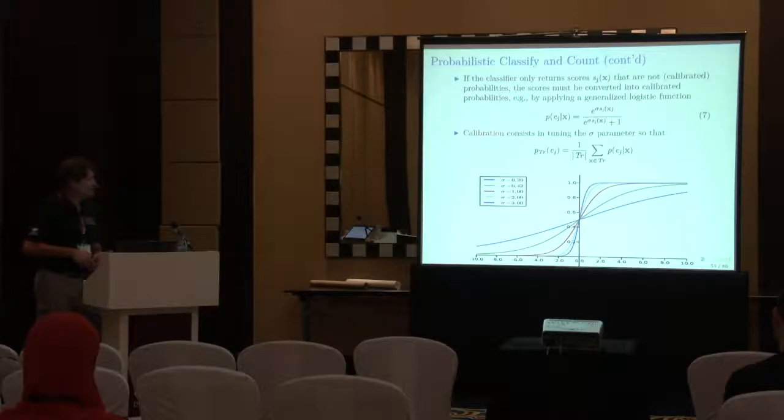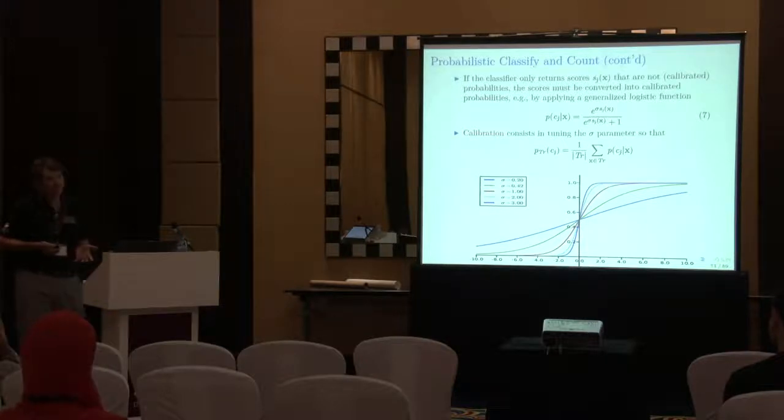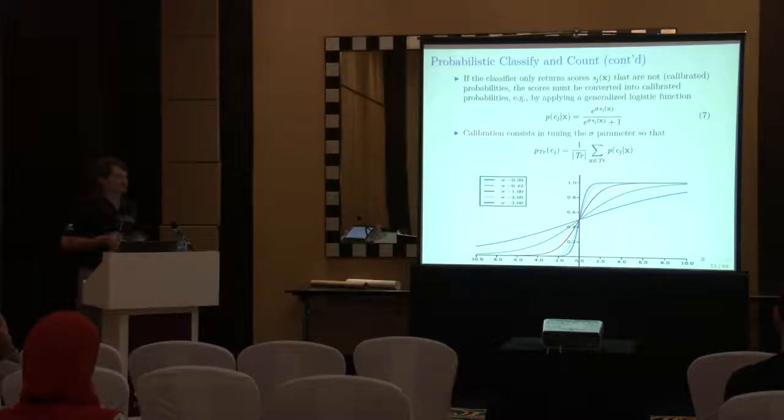Here you see an entire family of functions, and the difference between them is this sigma parameter, a parameter in the generalized logistic function. Which value of this parameter should you choose? Choosing the best value of this parameter is what people call probability calibration.